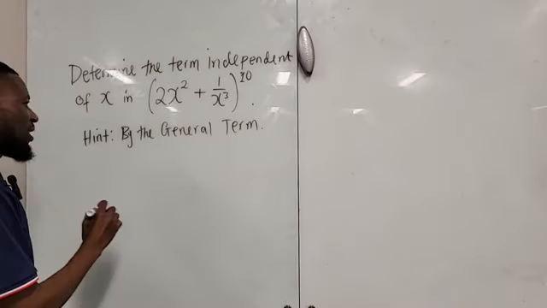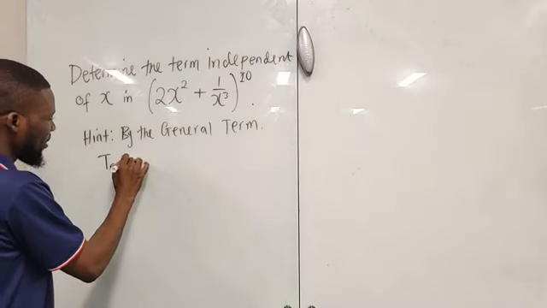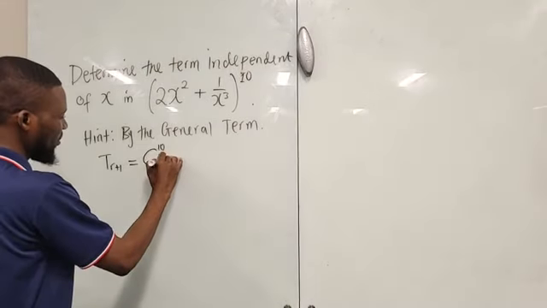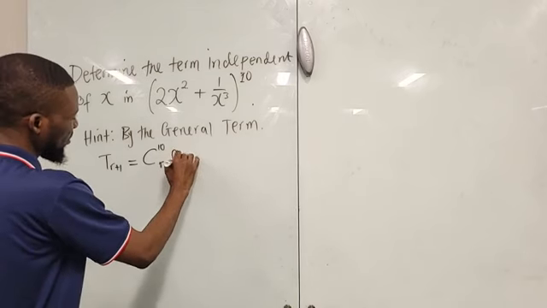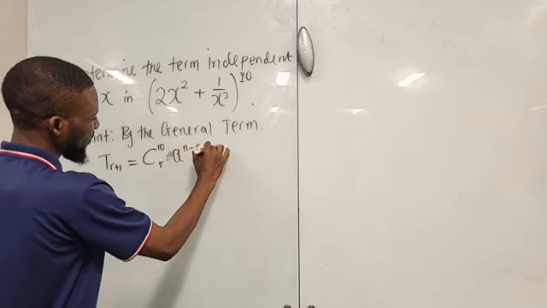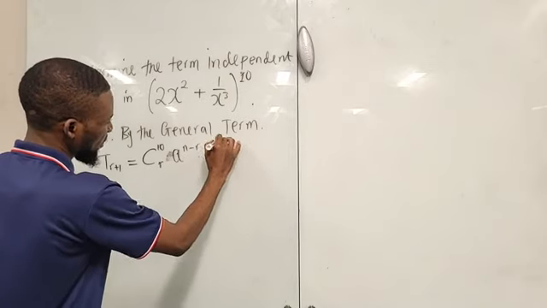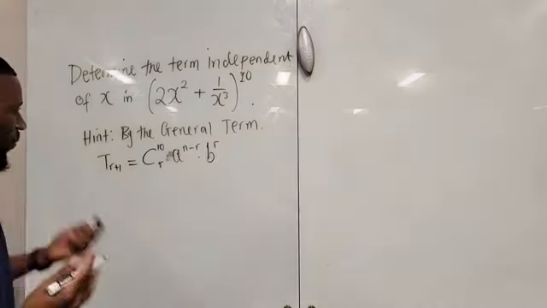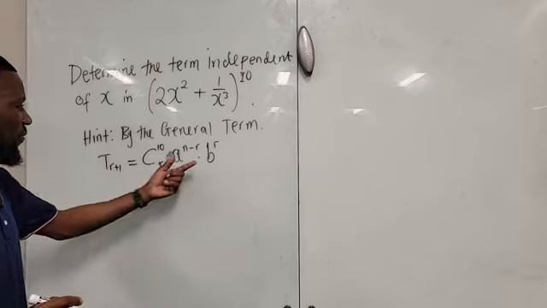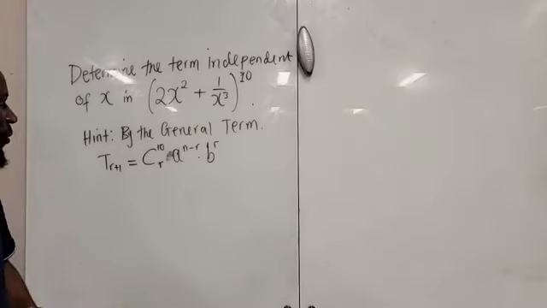So the general term formula is given by T r plus 1 is equal to, so this is combination, that is 10 combination r, then a to the power n minus r, multiplied by b to the power r. Okay, so that is b to the power r. Now our first task is to find r, right?